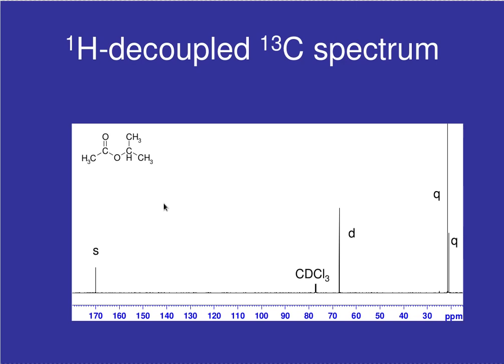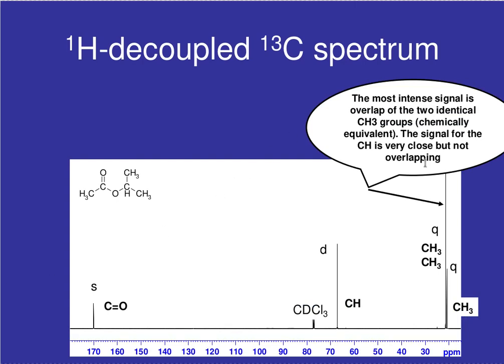A clue that will enable you to match such cases is normally where there's doubling up of a carbon signal, the signal's more intense. So have a look at this spectrum. Can you see that the most intense signal is this one over here? So therefore both of those CH3s are giving rise to that signal over there.